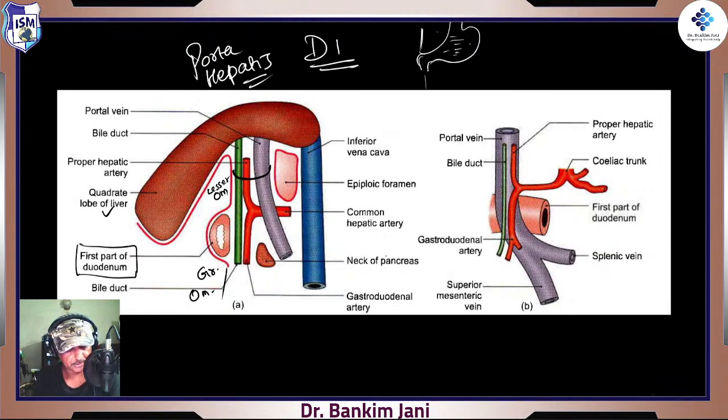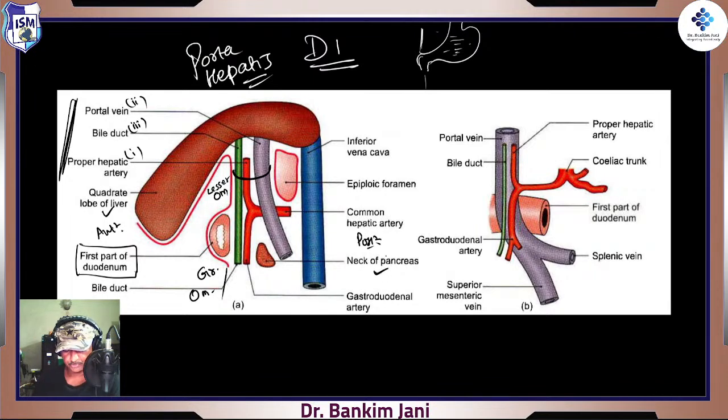So they are all together. That is porta hepatis. So yes, it is in the posterior relation, because this is anterior, that is anterior, and this one is posterior. So they are into the base, behind all of them, right? Neck of pancreas, that's fine.